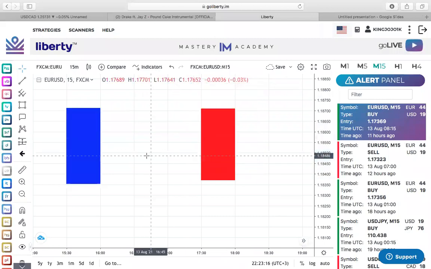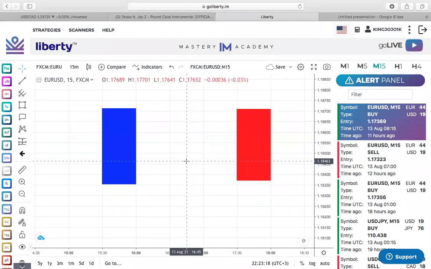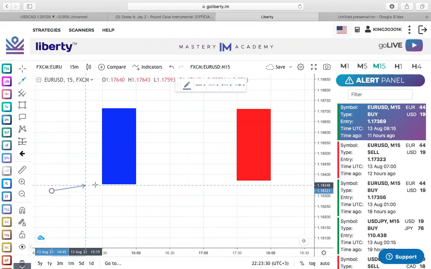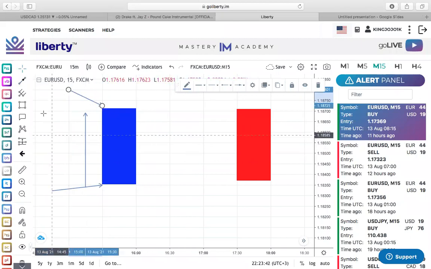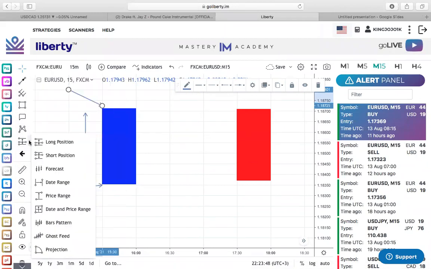It doesn't necessarily matter what color the candle is. It's all about how the candle opens and closes. If the candle opens at the bottom, buys all the way to the top, and closes, this is a bullish candle. And I'm going to label it for you guys just so you can write it down.